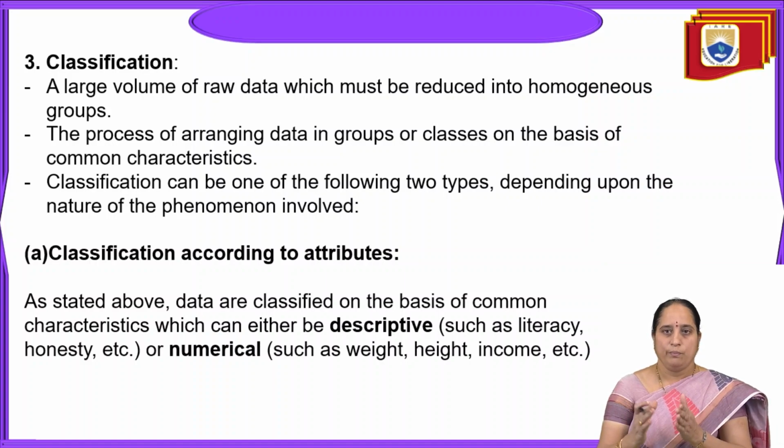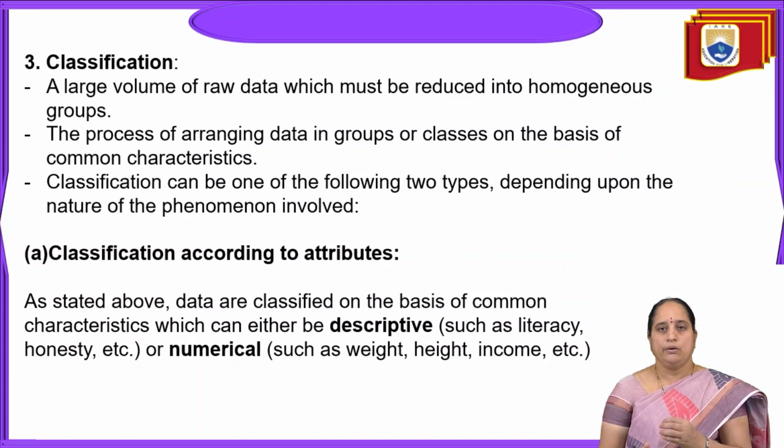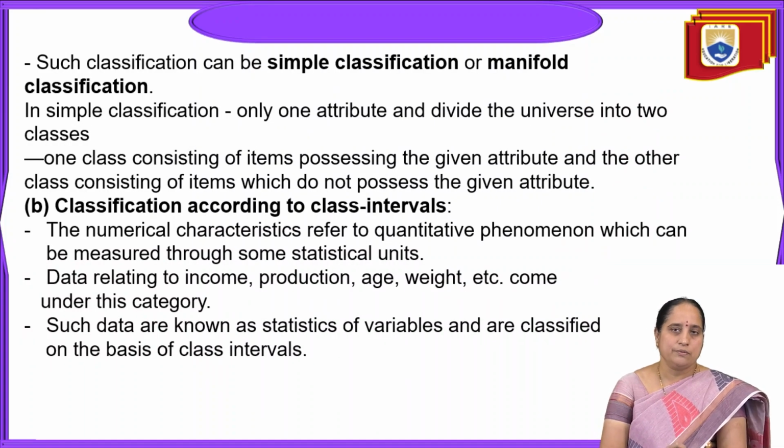So again we have to make it clear whether the data is qualitative or quantitative. When you are talking about descriptive characteristics, like literacy, honesty, even quality, these things come under descriptive, whereas certain things we are able to quantify, like weight, height, income. So based on the type of data, we classify the data as either descriptive or numerical. Such classifications can be simple classification or manifold classification.